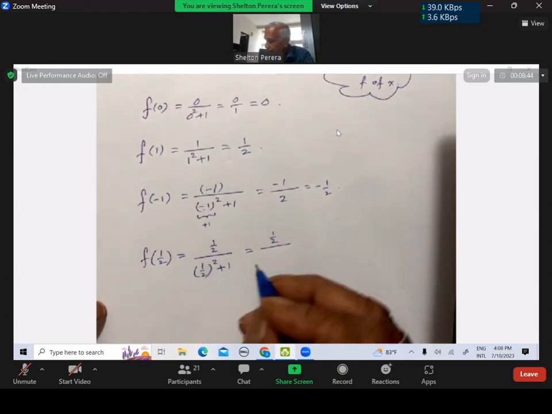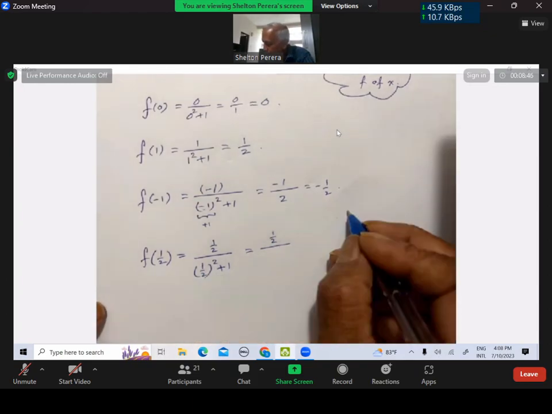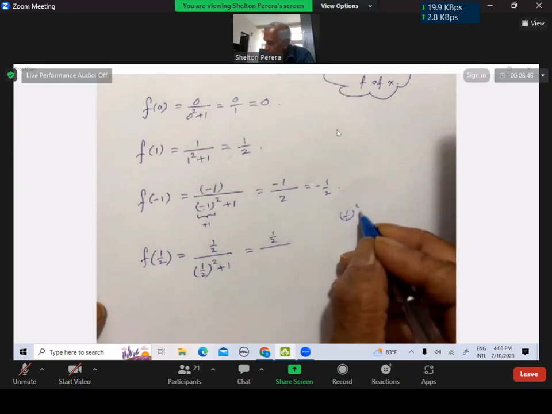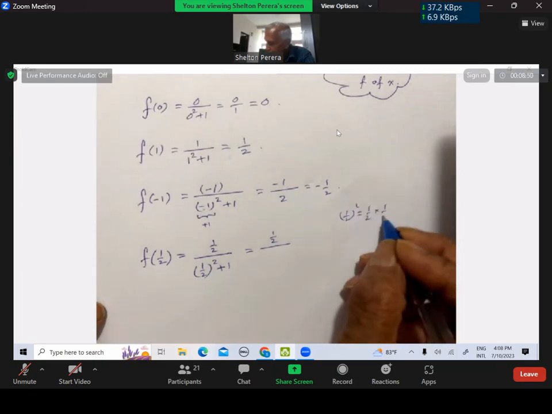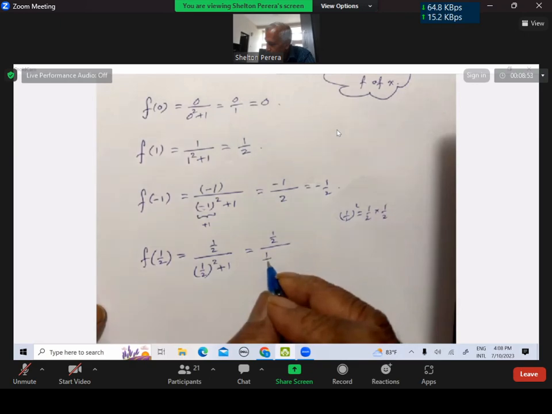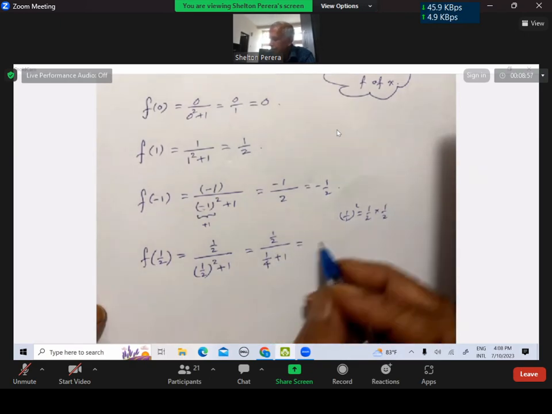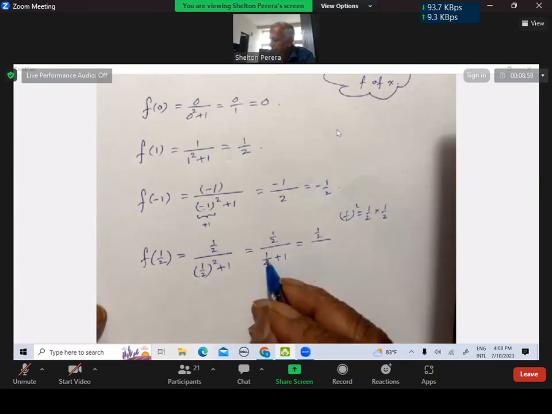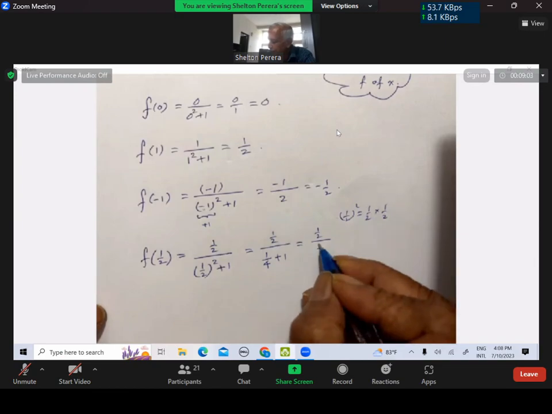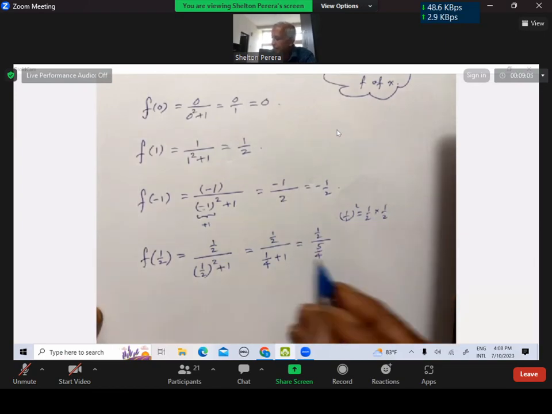Half squared is half times half, no? Half squared is half times half, which is 1 over 4, plus 1. Don't make silly mistakes. So here we have half divided by, if you take a common denominator, 5 over 4. How did I get that? Think about it.